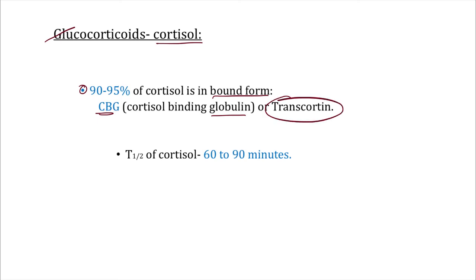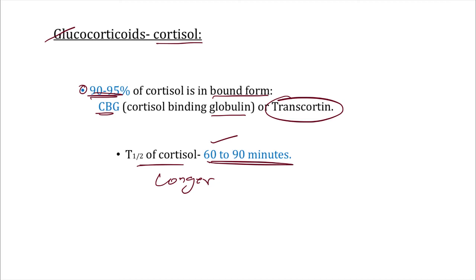That's why 90 to 95% of cortisol is in bound form. Now very important, pharmacology. Because of this bound form, this cortisol has a much longer half-life, 60 to 90 minutes, right? The T half of aldosterone was just 20 minutes, but cortisol has a half-life of 60 to 90 minutes because 90 to 95% of cortisol is in bound form.